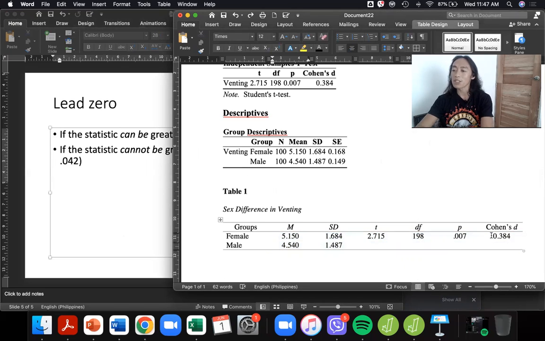An example of which is this one. So if you'll notice, I used a lead zero. Why? Because it's quite possible to have a Cohen's d that is greater than 1. You have a Cohen's d of 1.2, and so I have a lead zero here.